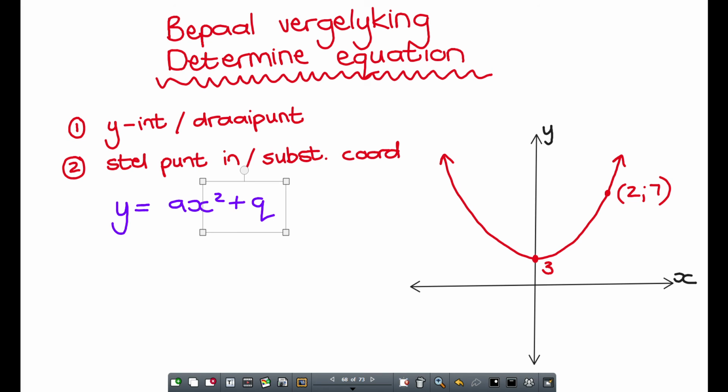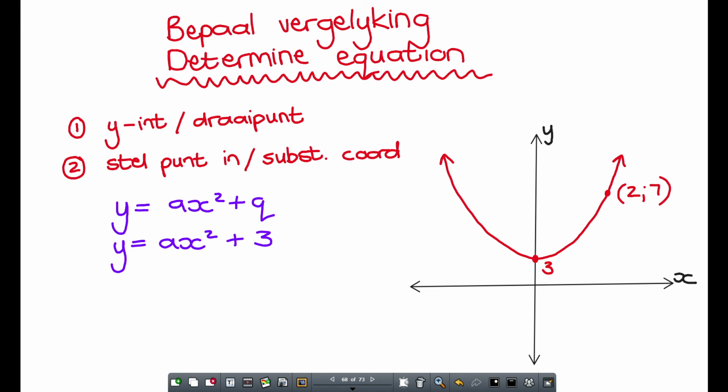Okay, so if I go look at the sketch given, that's going to be my first thing. Instead of q, I'm going to say y is equal to ax squared. Maar nou gaan ek nie meer q nie. Kyk gou daar. Hy sny my y as by 3. And it's a positive 3. So I'm going to say plus 3. Nee. Is julle nog reg?